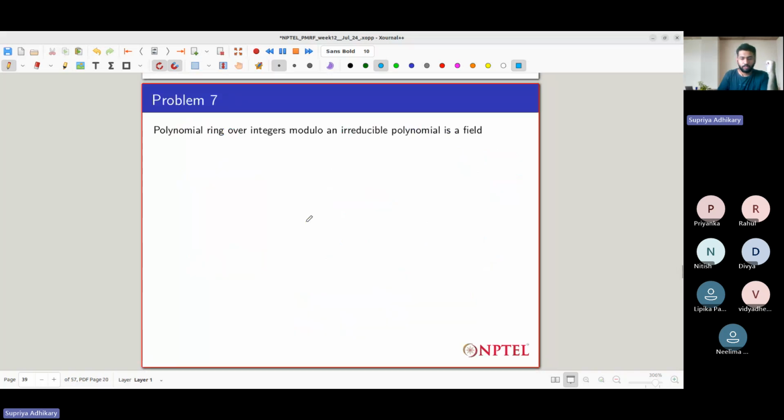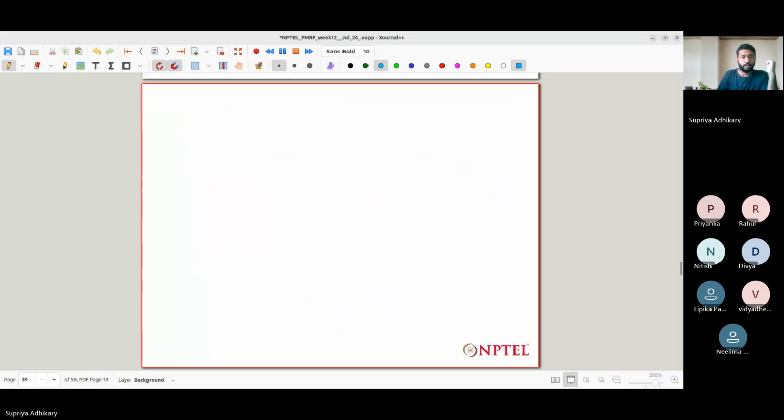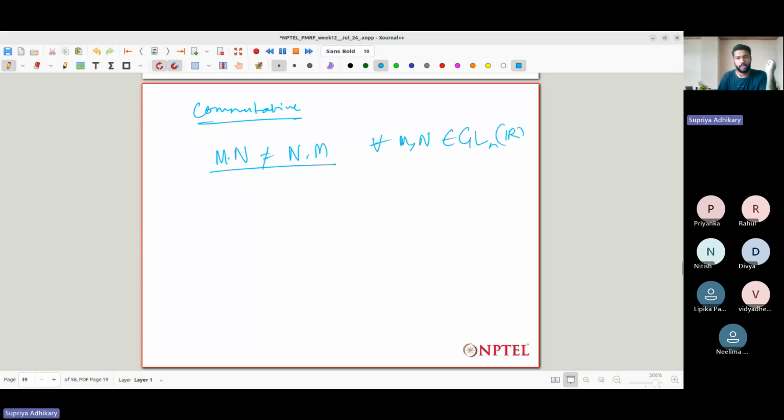But what about the commutative property? So the commutative property, we know that MN is not equal to NM for all M, N. That is, we can give some example for which the multiplication of two matrices is not equal to the multiplication, I mean, multiplication of M and N is not equal to multiplication of N and M. Okay, so this is not true.